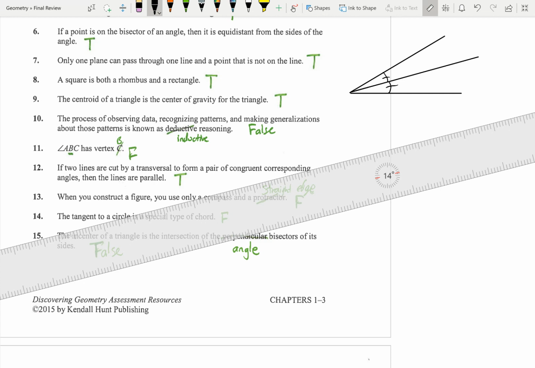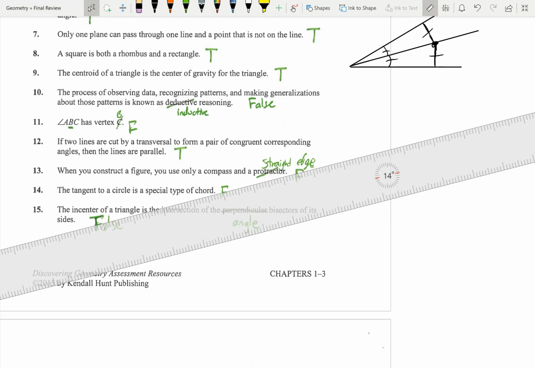And it says that is equidistant from the sides of the angle. So that's going to mean that the distance here is the same as the distance here. And it turns out that it is. Those are the same. And so that's going to be true.